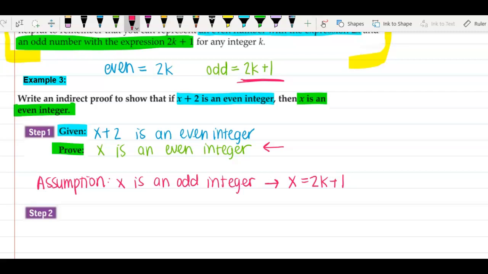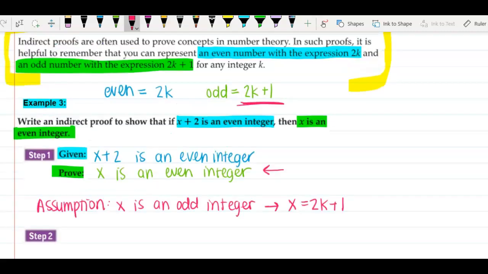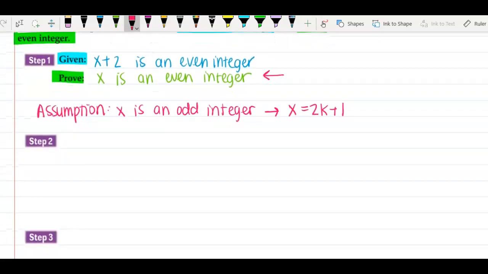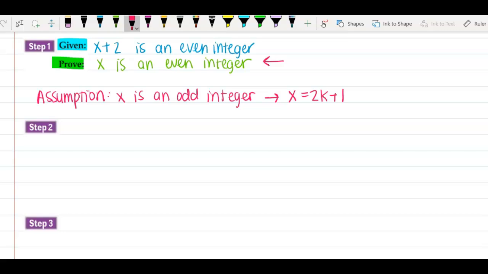Then in step 2, we're going to prove that this is false. If we know that x equals 2k plus 1, we're going to plug it into our given. In our given, it says x plus 2 is even. So if x is 2k plus 1, I'm going to plug it in there for x.